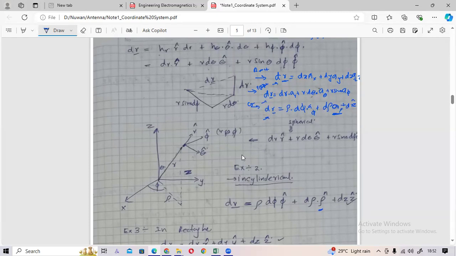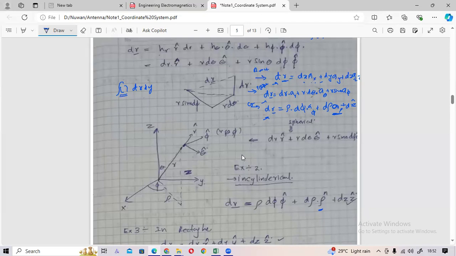For example, if you want to do a surface integral or volume integral using rectangular coordinates, say a surface integral in the dx and dy plane, you should have the function.